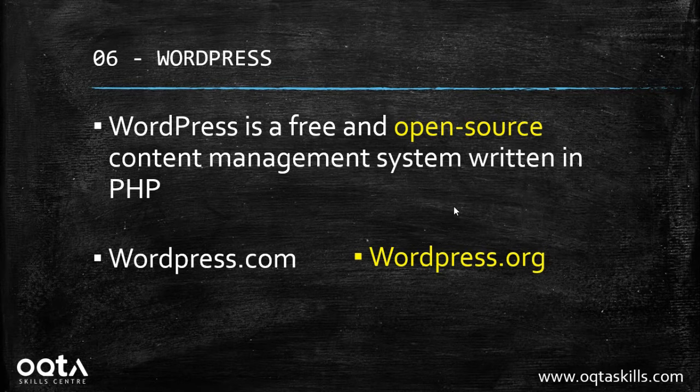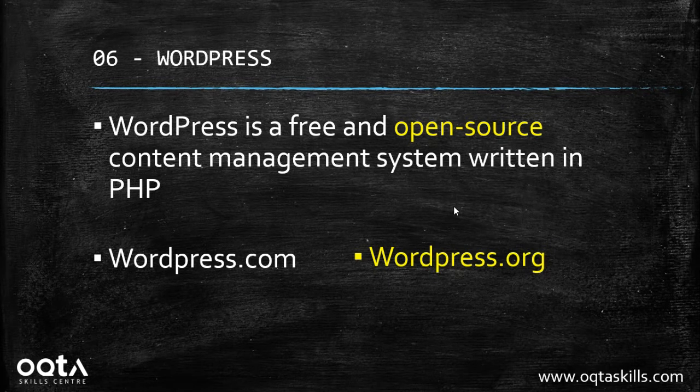You can, however, buy a domain and then connect it so that you can have your website run as octa.com. However, with WordPress.org, it is self-hosted. That is, if you're going to create a website using WordPress.org, you're going to host it yourself. You're going to use your own domain, use your own hosting. When you compare the two, WordPress.com is relatively cheaper.